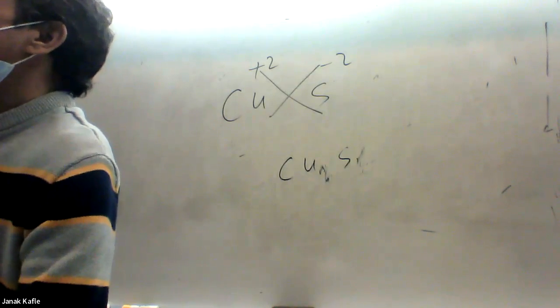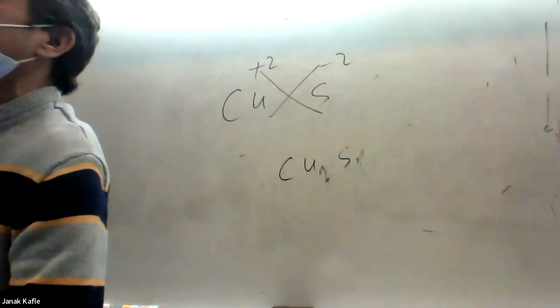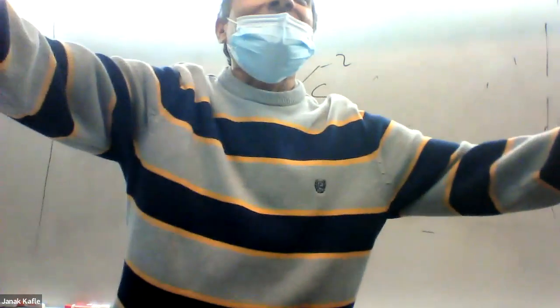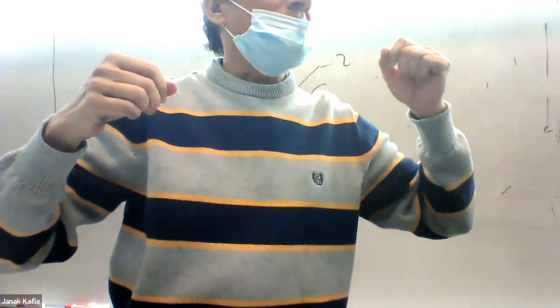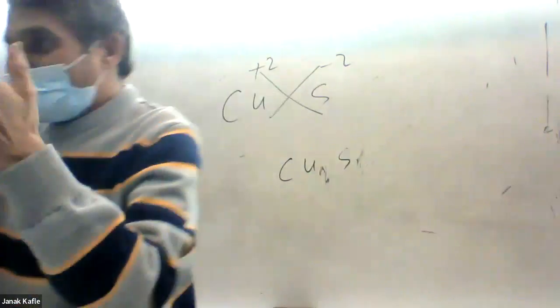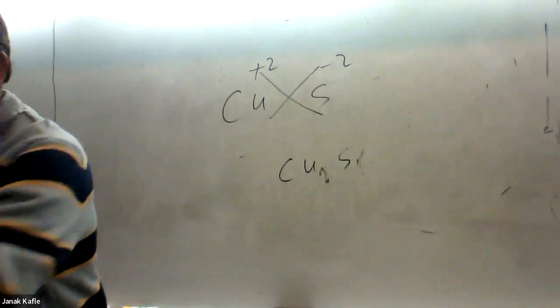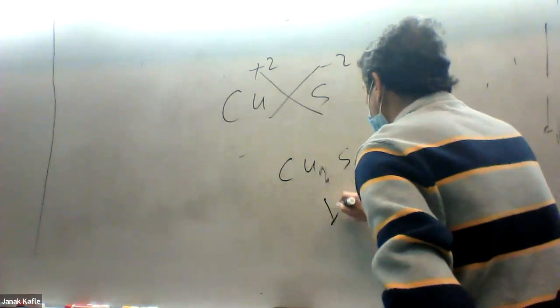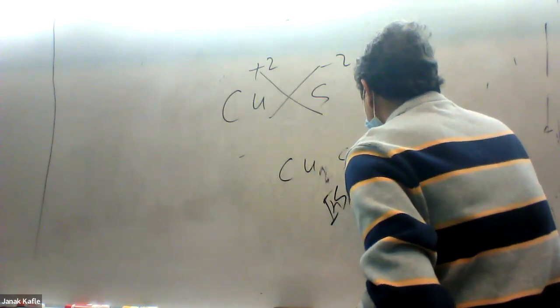But the copper is the friend of the cobalt. If the copper behaves that way, cobalt must work that way because they are very close in the periodic table. Everybody got that? So I'm just trying to find the CoS. I know CuS is insoluble by looking at that table.